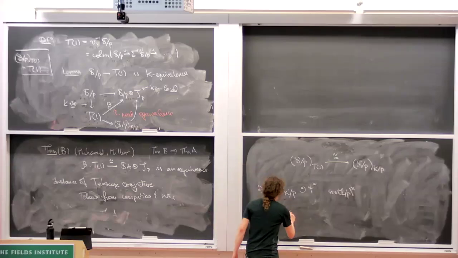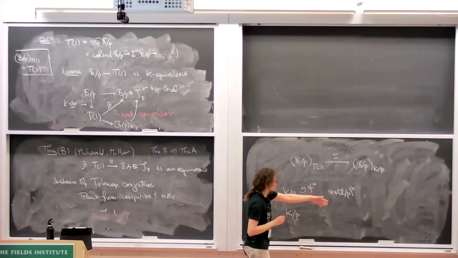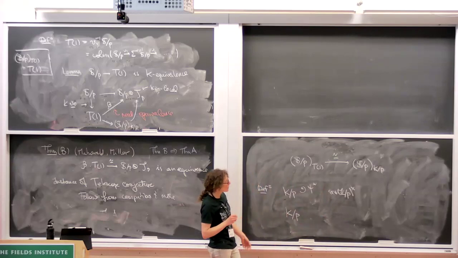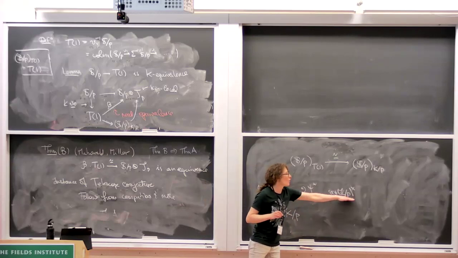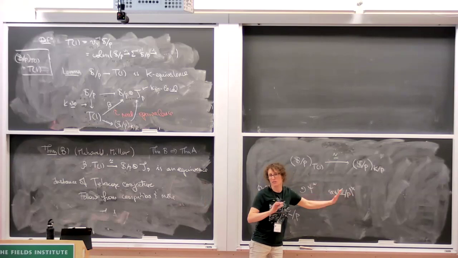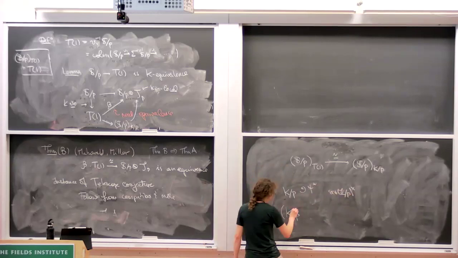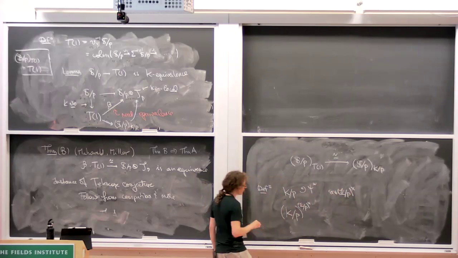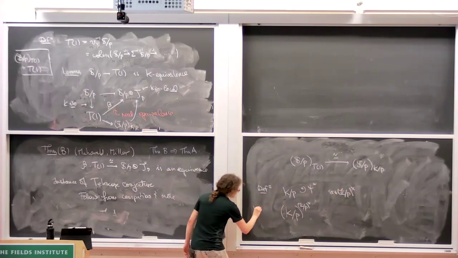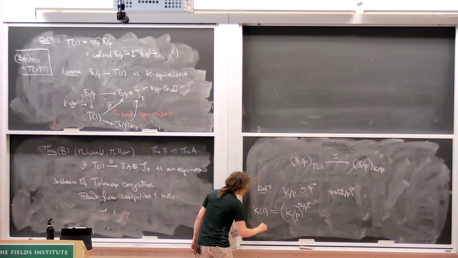Now, taking fixed points in this case isn't something that's difficult to do homotopically, because the order of this group is coprime to P. It turns out that you can think of it as just taking fixed points. And then we get a spectrum, which I'm going to call K1.